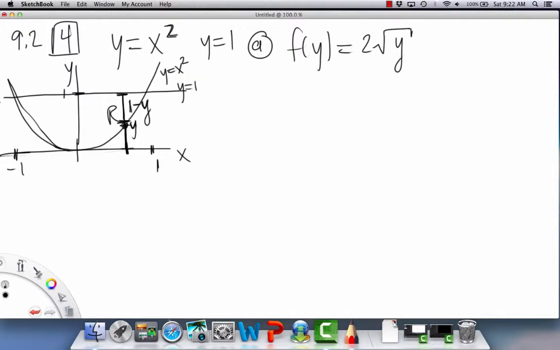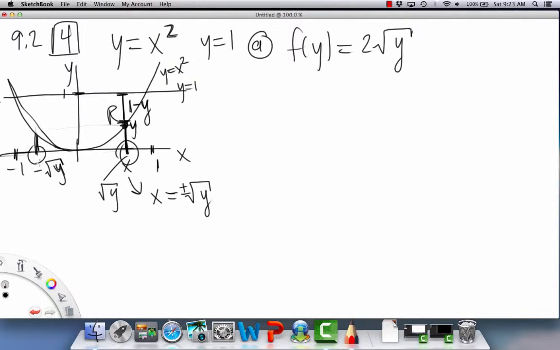We know that this parabolic curve is y equals x squared. If we want to find this x value in terms of y, we get x by itself. So x equals square root of y, plus or minus. This value here is the positive one, positive square root of y, and right across from it at the same height is negative square root of y.